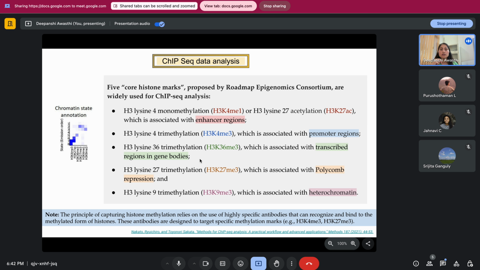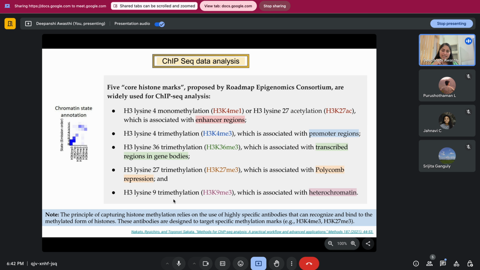In this we are talking about the methylation of histones, not about the DNA methylation, so don't get confused. Then histone 3 lysine 27 trimethylation is associated with polycomb repression. Polycomb is also a group or family of proteins which repress certain genes. So if that particular methylation is found, it means there is polycomb repression.